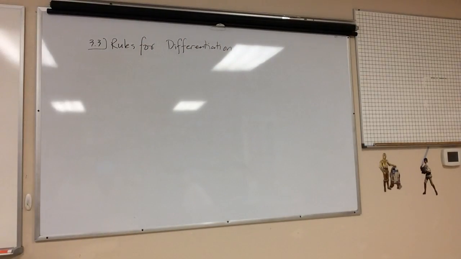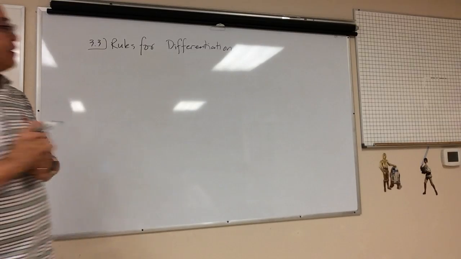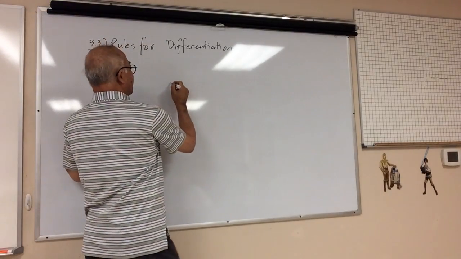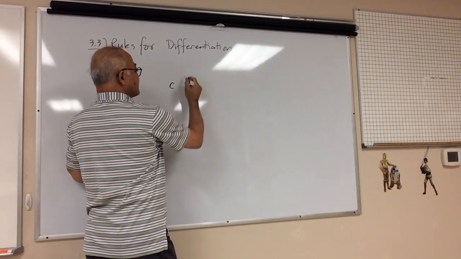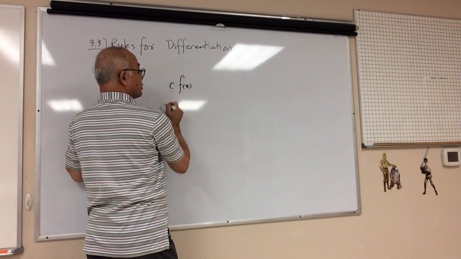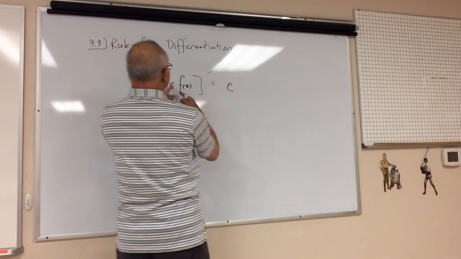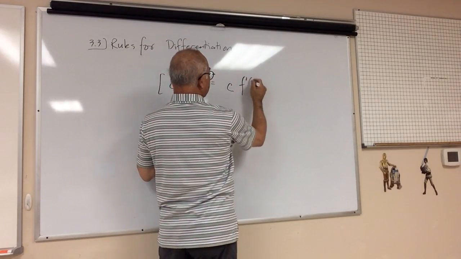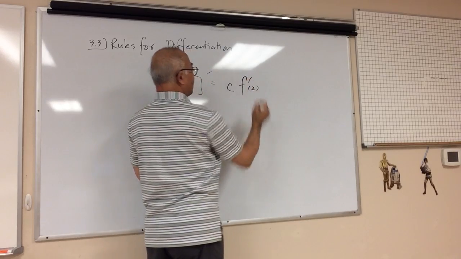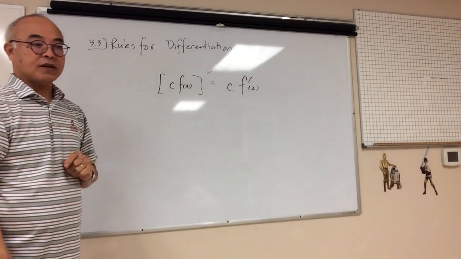So let's look at the constant multiple rule, rule number 3. If I have a function that is some constant times a function and I take the derivative of this, I can just pull the constant out, and it becomes that. See what I'm saying there?